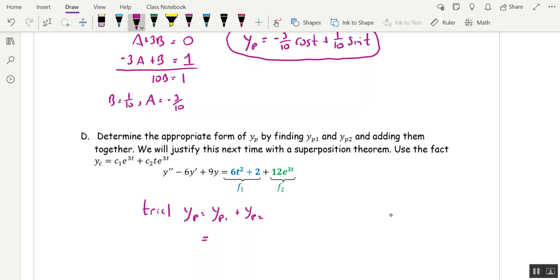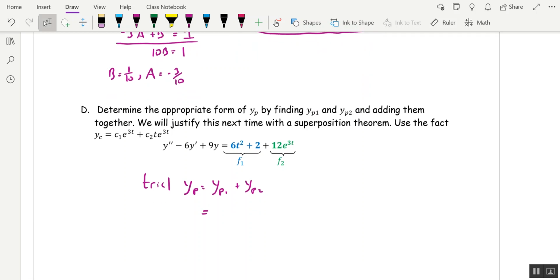So for a trial yp for f1, which is a quadratic, we want a generic quadratic. So we want at squared plus bt plus c. So there's our yp1. Now we're going to add on yp2, which would be the trial yp for this exponential, which is a constant times e to the 3t.